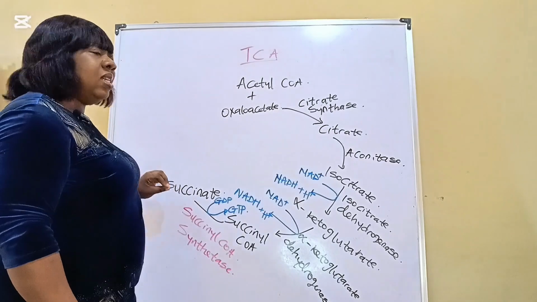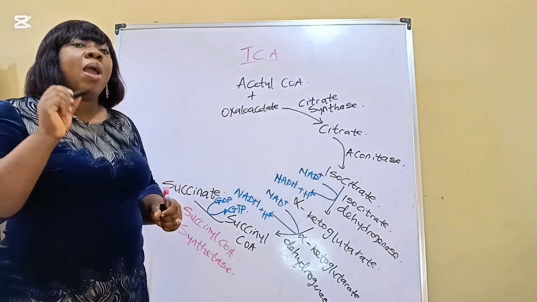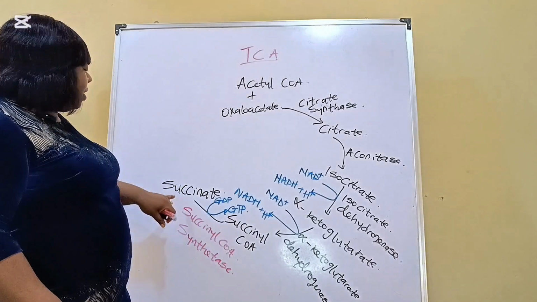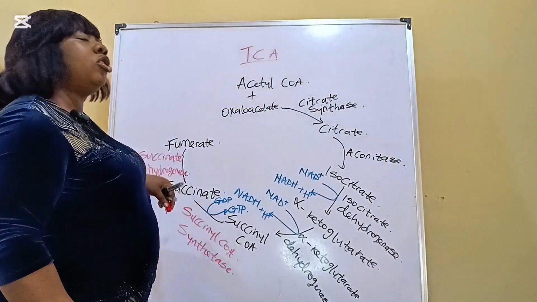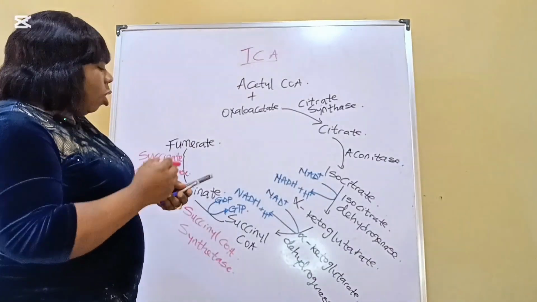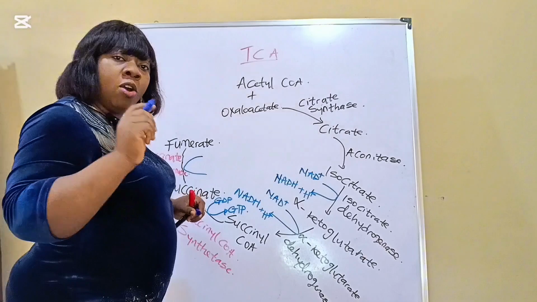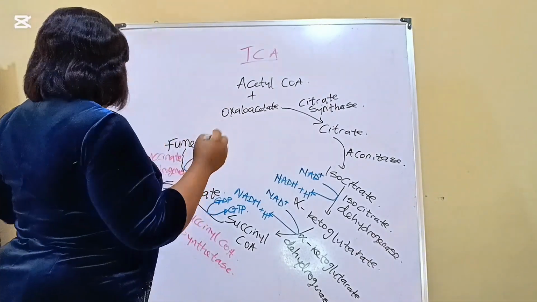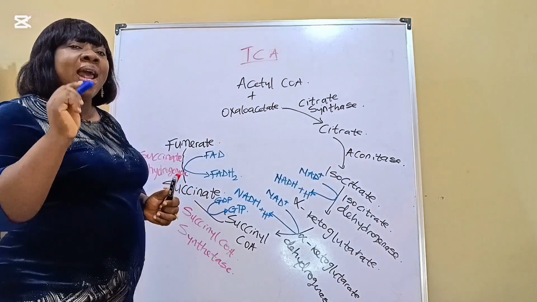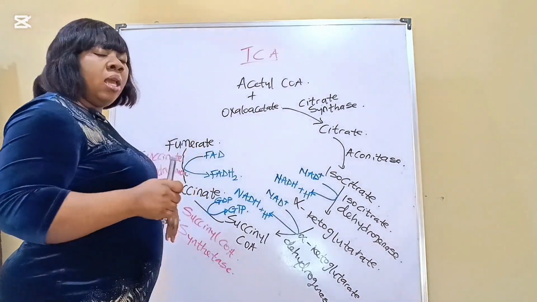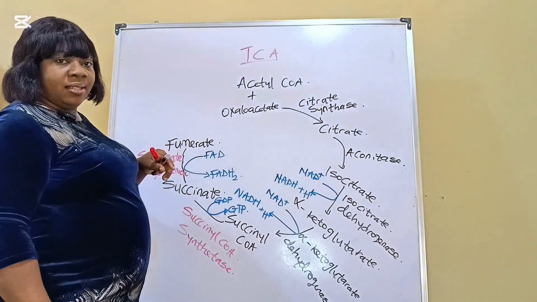Moving on, our succinate will be further converted to fumarate, and the enzyme that will help us to catalyze that reaction is succinate dehydrogenase. In this reaction also, there is production of another electron carrier, giving us FADH2. Fumarate will now be converted to malate, and the enzyme that catalyzes that reaction is fumarase.